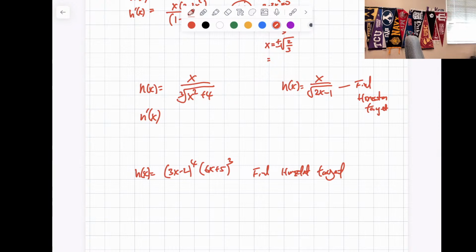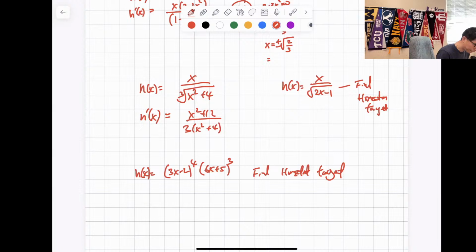There is no horizontal tangent on first. Yeah, that's the final answer.